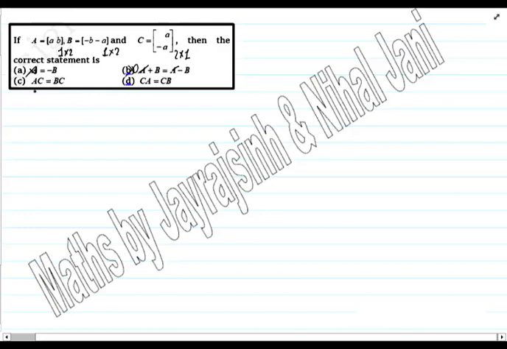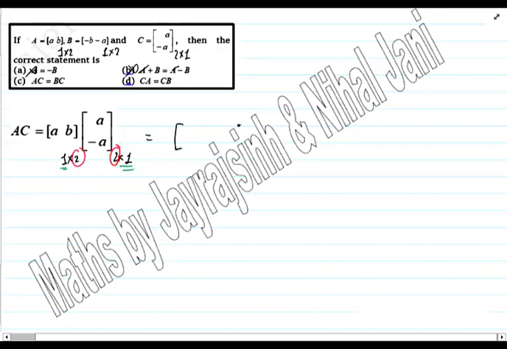Now let's try option C. In option C, we have to multiply A with C. So here we have our A and C matrix. We know that A is of order 1 cross 2 and C is of order 2 cross 1. So yes, they satisfy the condition of multiplication and our answer will be of order 1 cross 1.